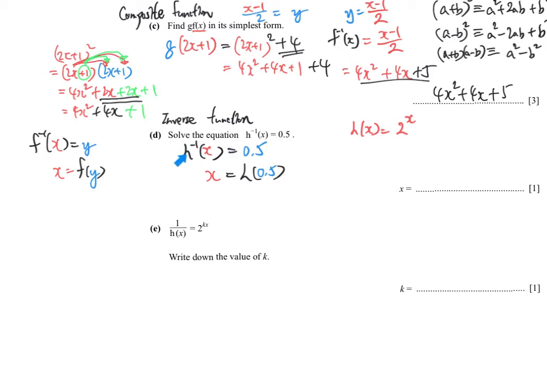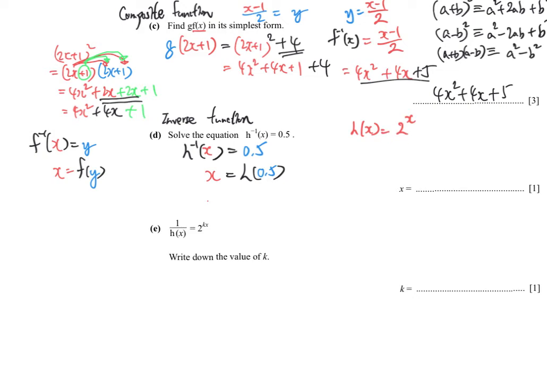So as the inverse of h of x is equal to 0.5, so you put the inverse of h to the right hand side, so x will be h of 0.5, and h of x is equal to 2 to the power x. All right, in the question it's stated.